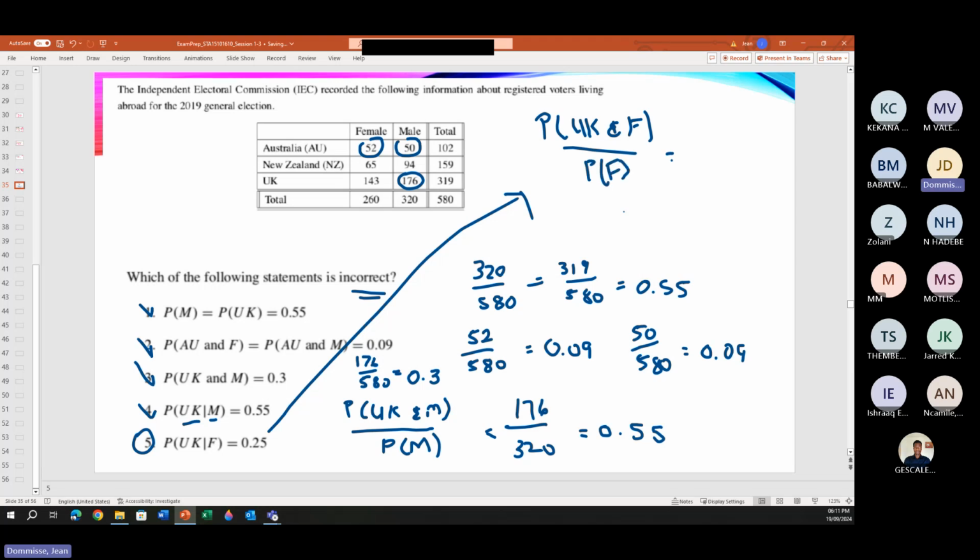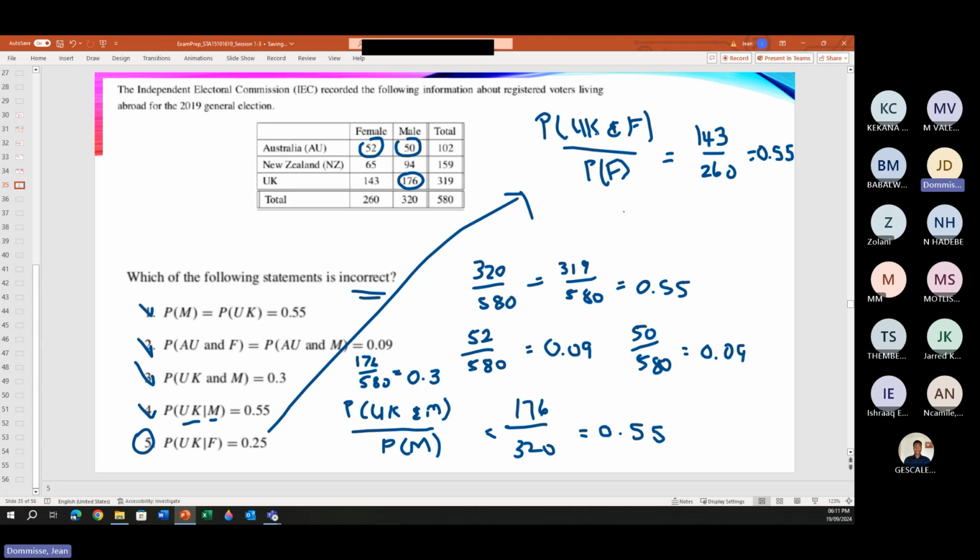So UK and female, 143, divided by female, 260. Okay, so there one can definitely see that is wrong. So that is also going to be 0.55.